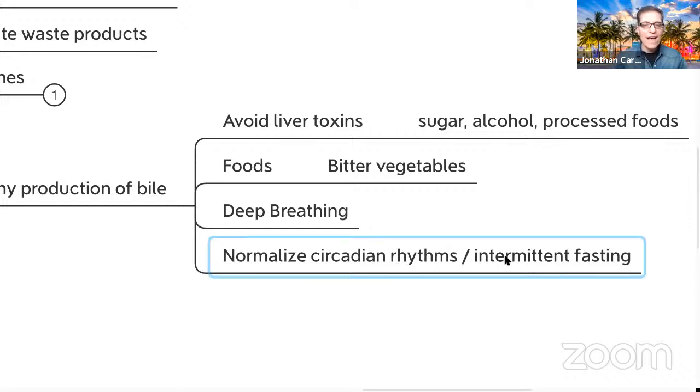So that's why intermittent fasting can potentially be very helpful for allowing the gallbladder to do its thing. Unfortunately, for people who have really bad gallbladder disease or early disease, sometimes it's almost too far gone and they can get worse.